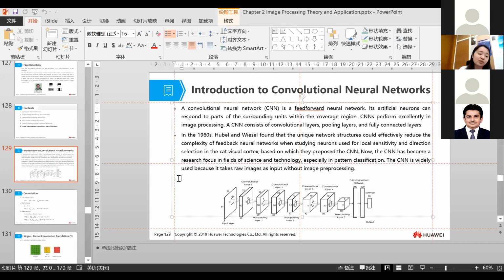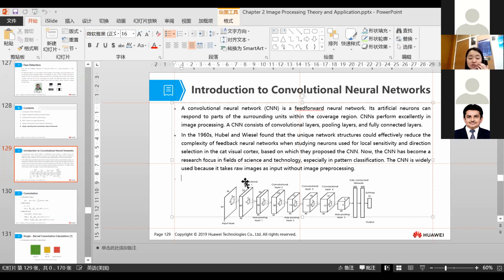But if we use traditional image processing algorithms, we need to design our feature descriptors and our kernels to extract information. That is not an automatic process, it is a manual process. But a convolutional neural network can extract features from the image automatically, and we're going to figure out why.